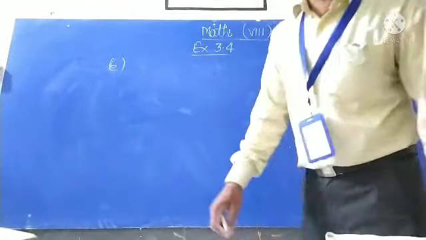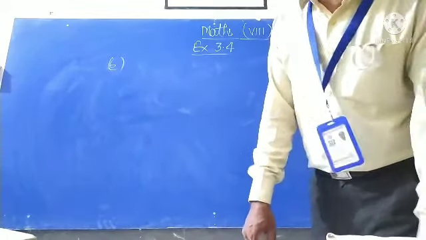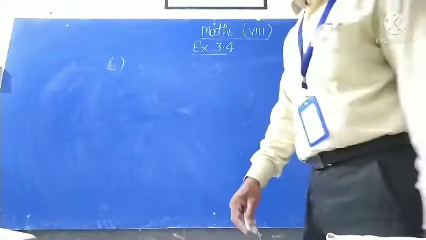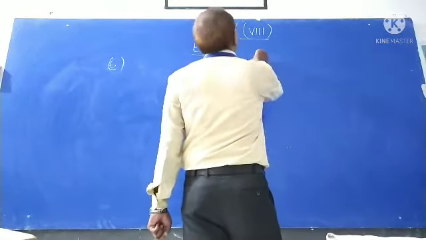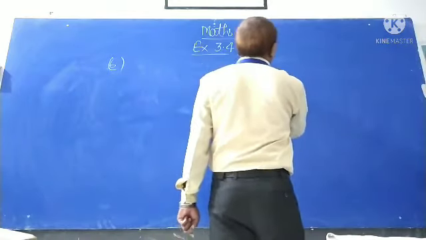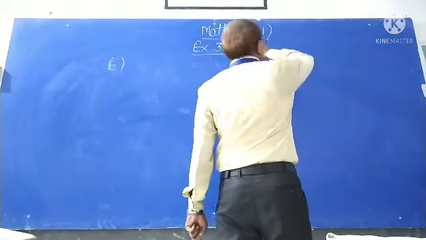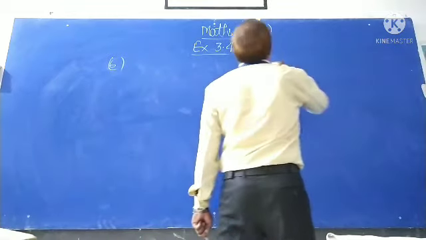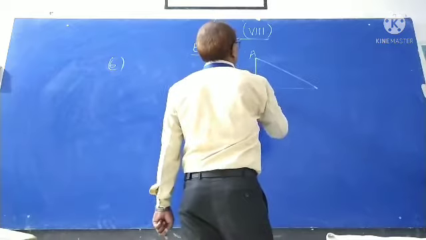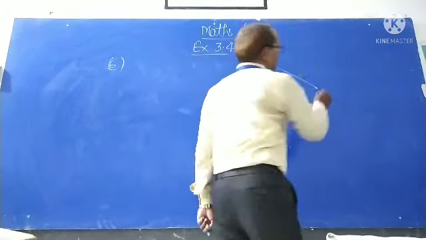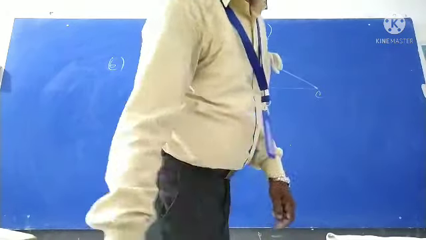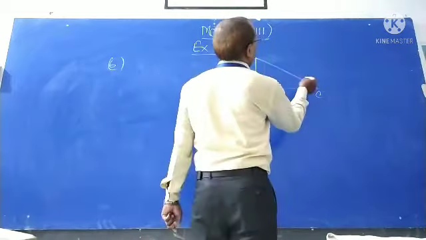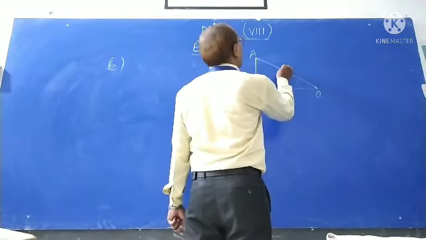Here is given. Just draw a right angle triangle ABC. O is the midpoint of BC.